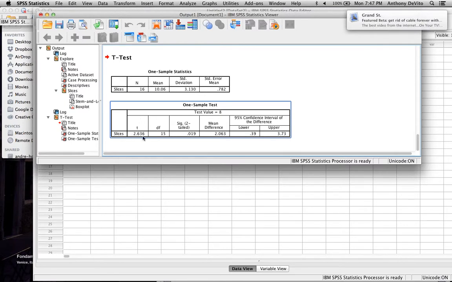So it looks like my two values are far enough apart that I've exceeded the critical value, and there's less than a 5% chance of getting this result if in fact Ben's wasn't any different than the rest of the city. Yes.